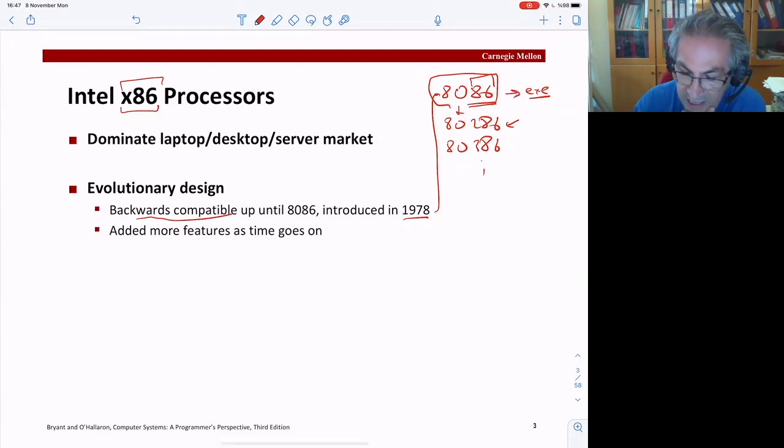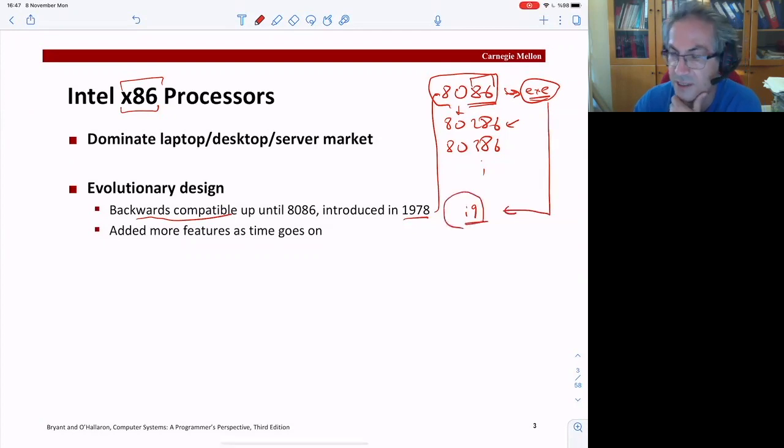If you had an executable dating back to the 8086, and you put it on the latest processor, say an i9, this binary will still execute fine on your newest processor. This is called backwards compatibility, and this is one of the strategic decisions that Intel has made. Now this has a positive thing and a negative thing.